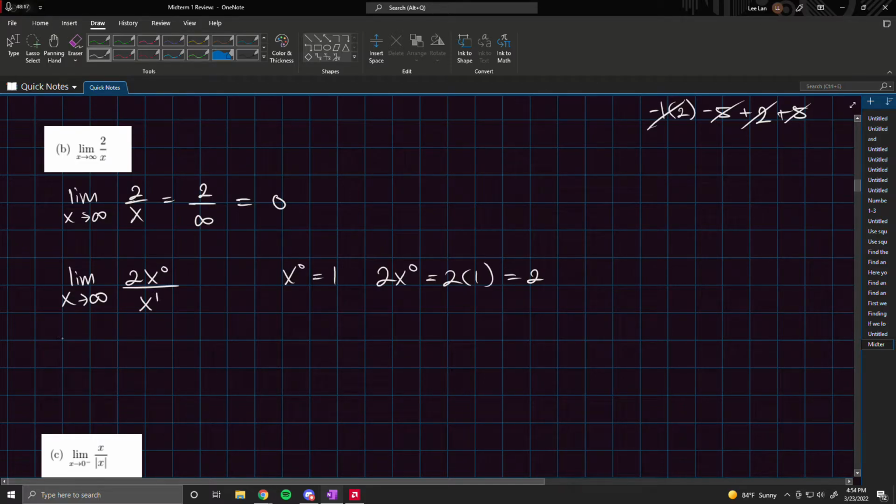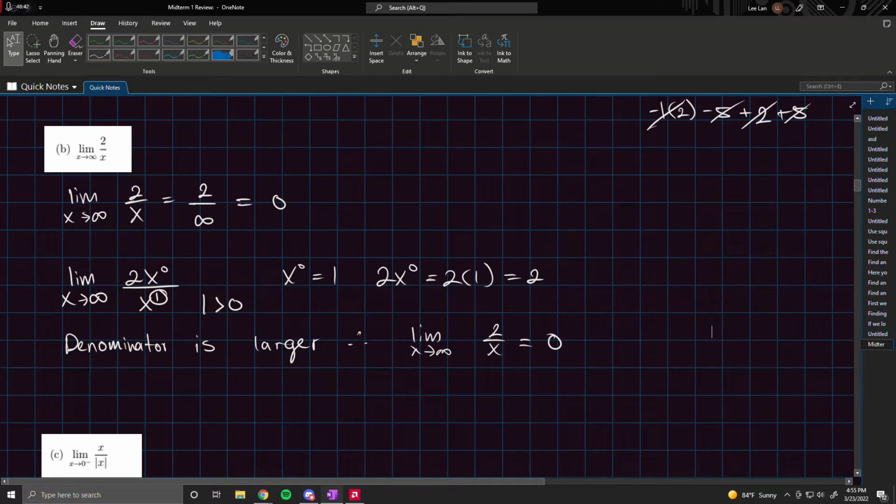In this case, 1 is larger than 0, and so our denominator is larger. Therefore, the limit as x approaches infinity of 2 over x should also be 0. So, there's two different ways of thinking about it.